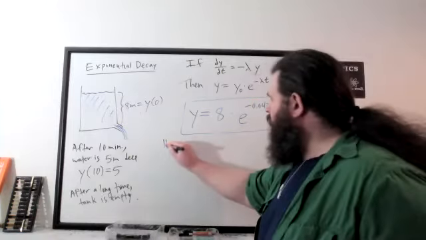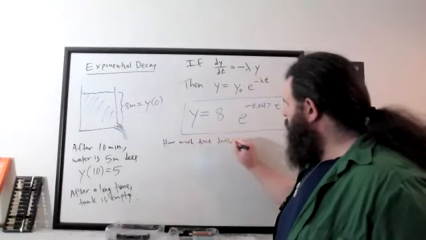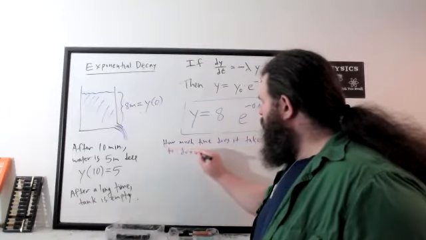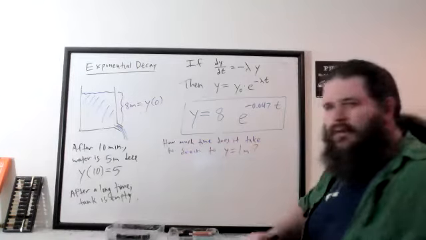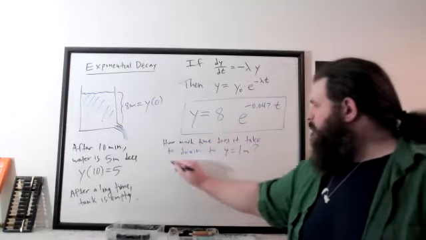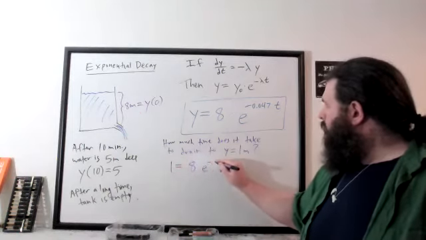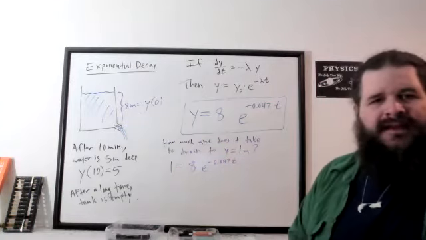If we want to know how much time it takes to drain to y equals 1 meter, we can set y equal to 1. And then we need to solve for t.